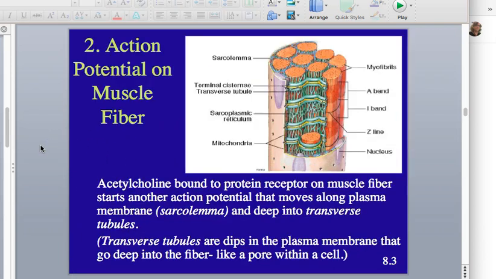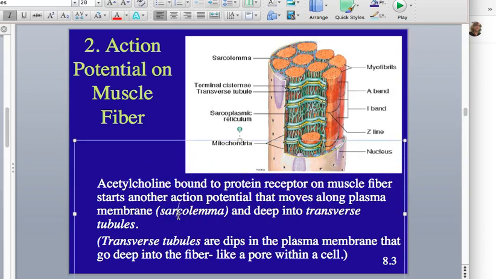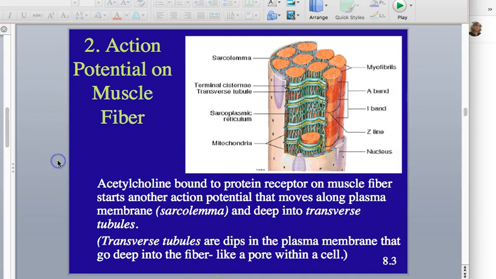So, what does acetylcholine do? Acetylcholine binds to a receptor on the fiber, and then it causes something else to happen. So basically acetylcholine binds the outside of each fiber, and it causes what's called an action potential. And I'm trying to think of an easy way to explain this. There's not really a way.